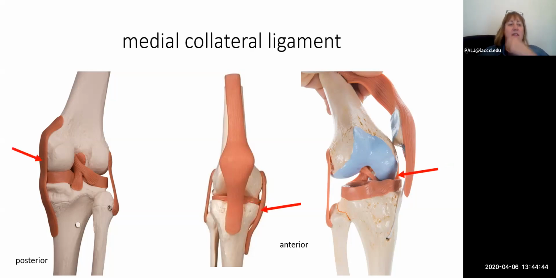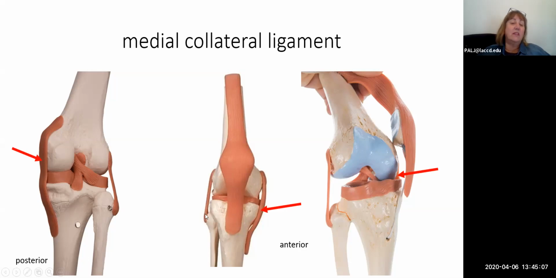All right. Now, the next thing is remembering that the tibia is medial. We are going to have a structure that goes from the femur to the tibia, in other words, from bone to bone. Dense regular connective tissue, so that's going to be a ligament. This one that's on the medial aspect is called the medial collateral ligament.